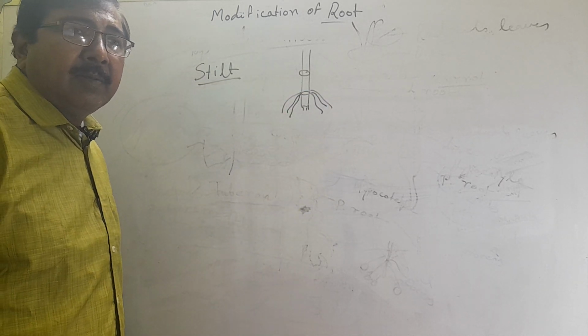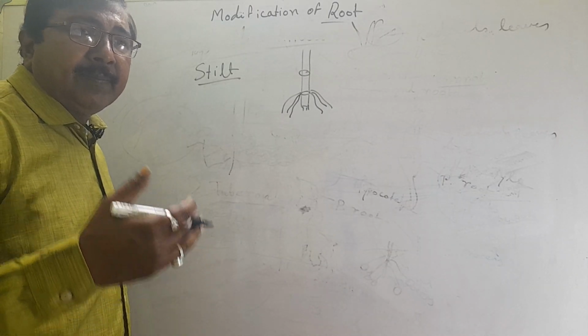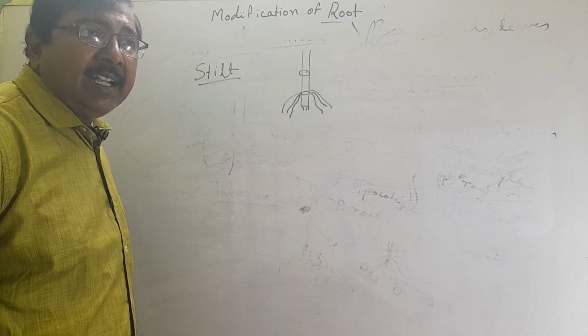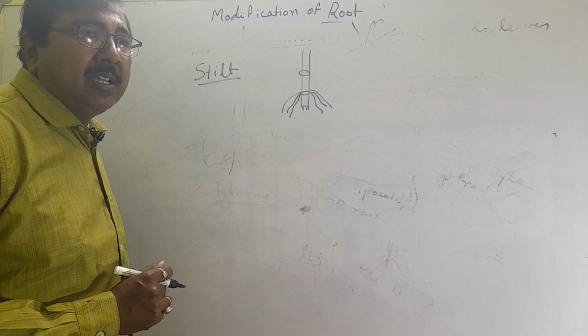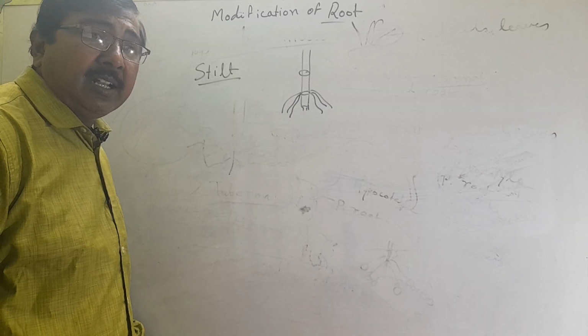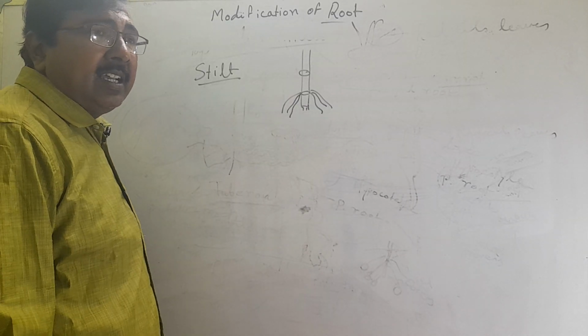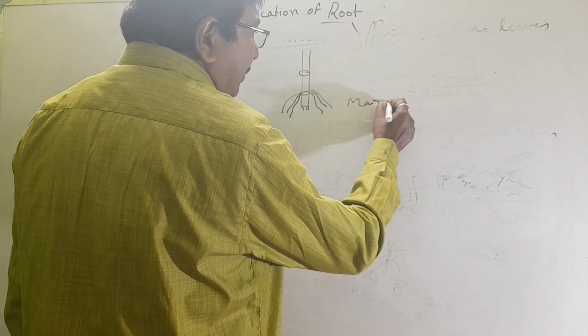These are supporting roots, which arise from the lower node and support the plant in the soil. Okay, these are stilt roots. Examples are maize and sugarcane.